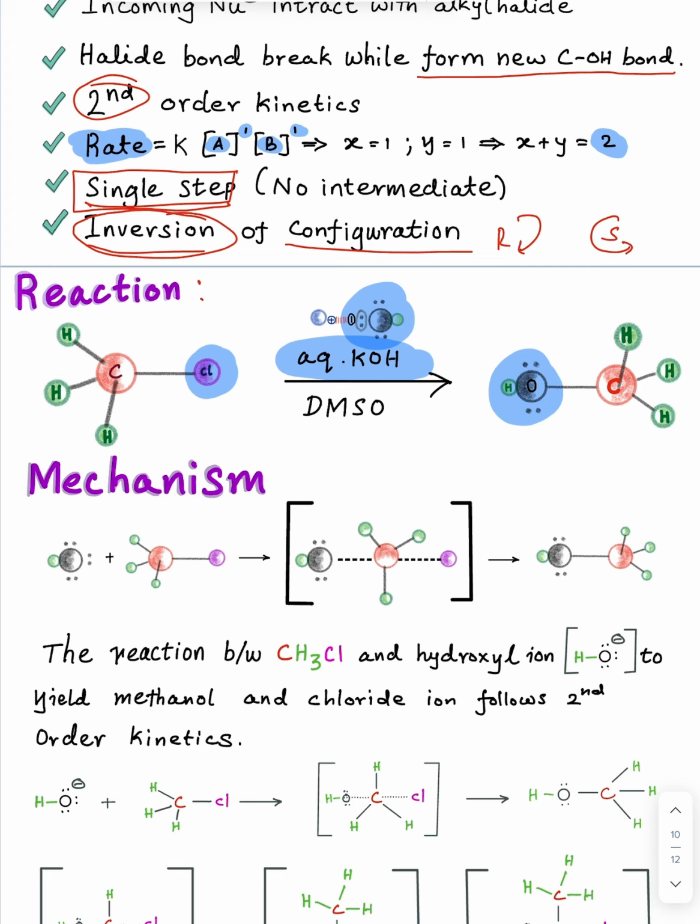Initially the aqueous KOH liberates potassium plus and OH minus. So this is our nucleophile. This nucleophile approaches the central carbon, and between the oxygen of the hydroxyl group and the carbon, the new bond will be formed.